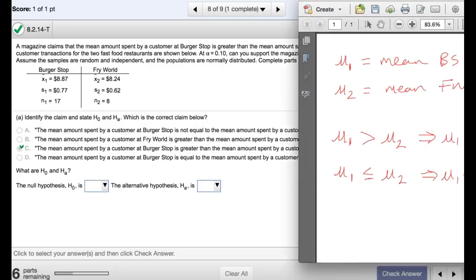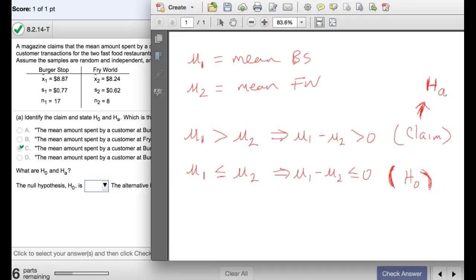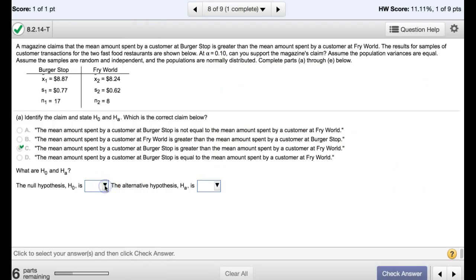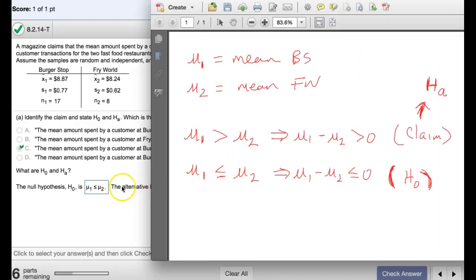Let's look back again, and we see that the null hypothesis is that the population mean at Burger Stop is less than or equal to that at Fry World. If we look at that, that would be this one, and we see that matches.